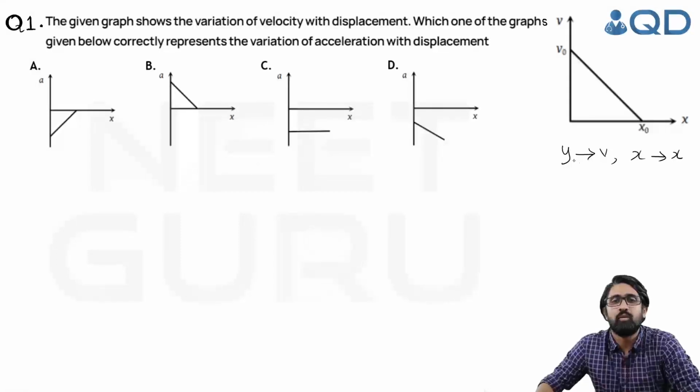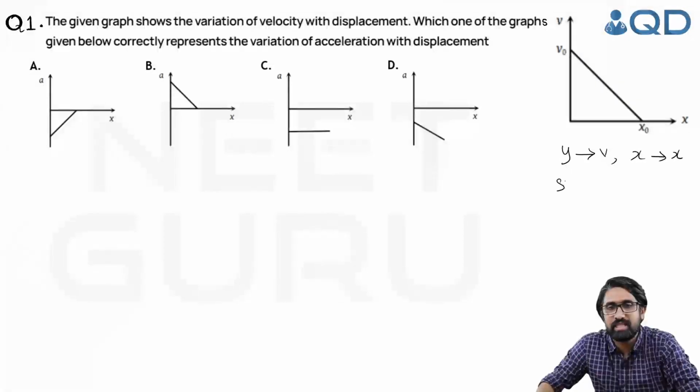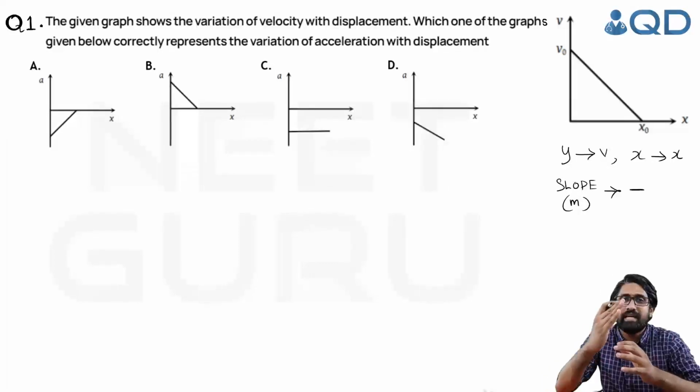Now, from the graph that you see here, it is very clear that the plot is a straight line and the straight line has a negative slope. So I can say that the slope m is negative because you can see the straight line leaning towards left.